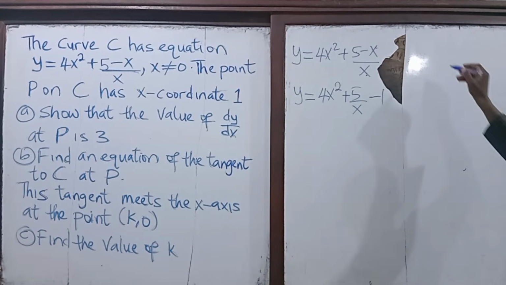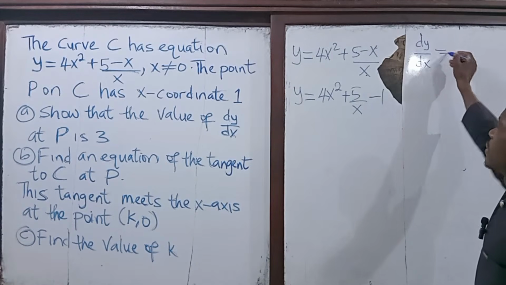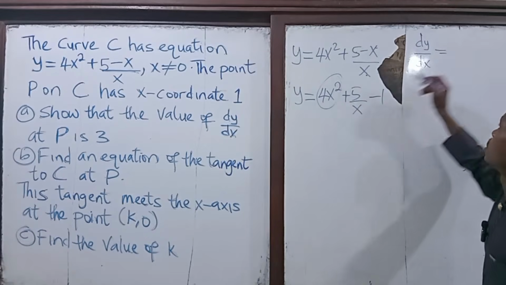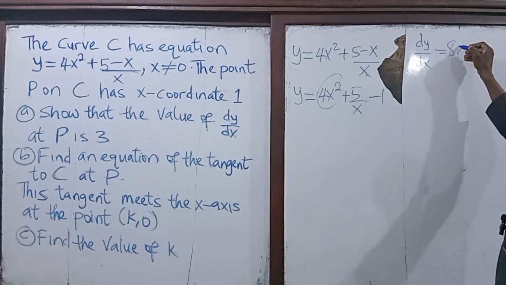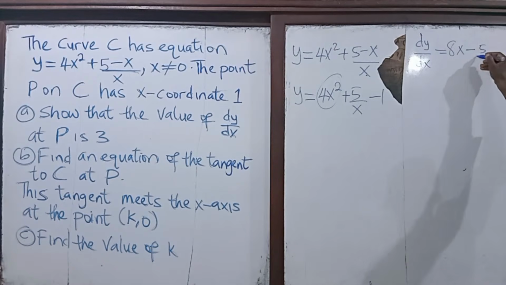Then the derivative dy/dx of this function: differentiate 4x squared, that will be 8x, and differentiate 5 over x, that will be -5 over x to the power 2.